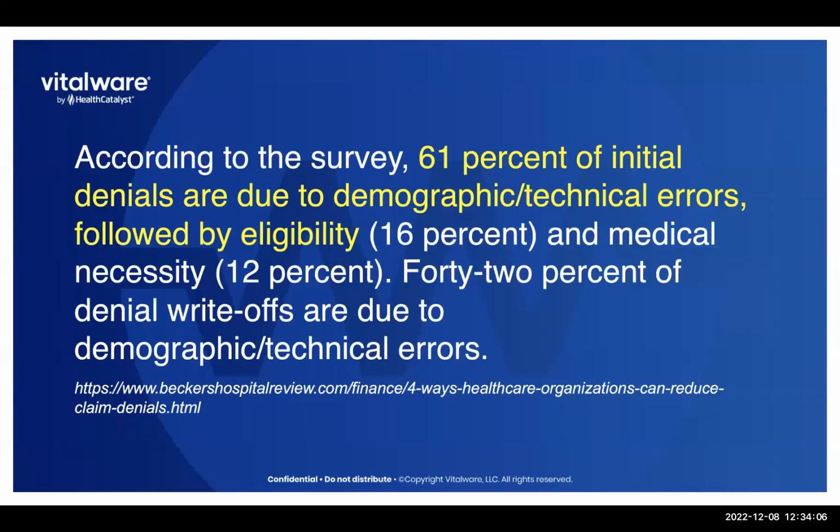61% of initial denials are completely avoidable. And so we're starting to see the denials team really work with that front end. Is the authorization number I got from the physician's office for the surgery the correct one? Eligibility, especially when it comes to cancer treatment: is that patient eligible?